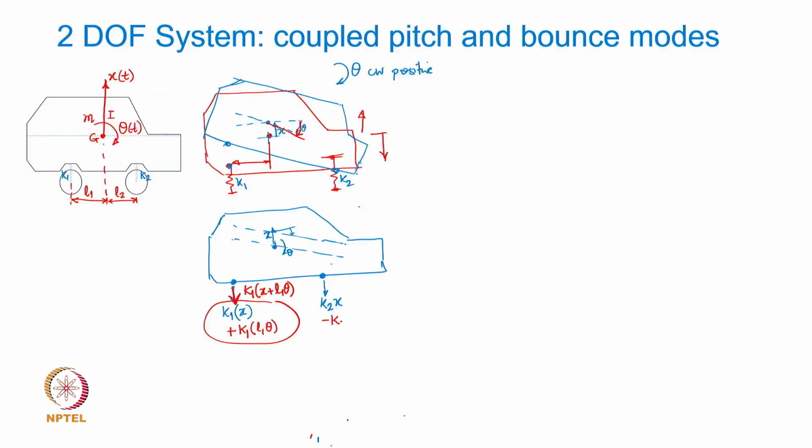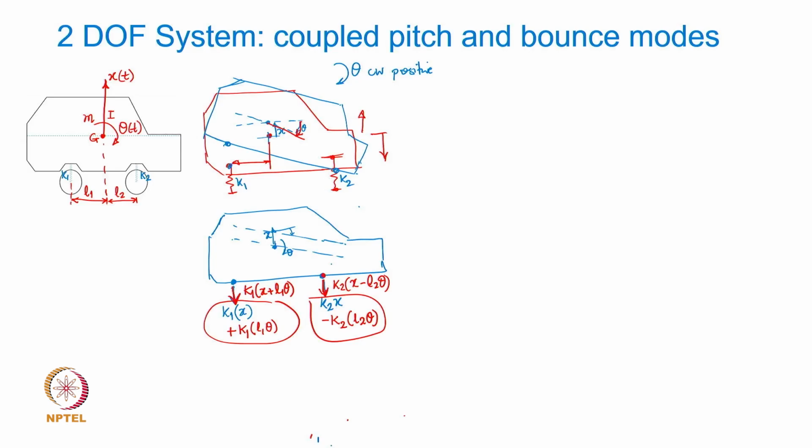So it is going to be minus K2 into L2 into theta, and therefore the net force acting at the front suspension point is K2 into X minus L2 theta. So these are all the restoring forces acting on the free body of the car.